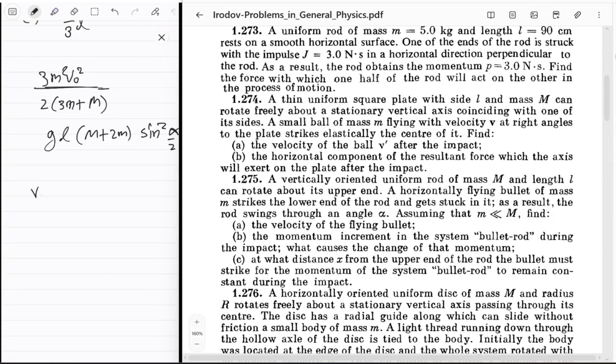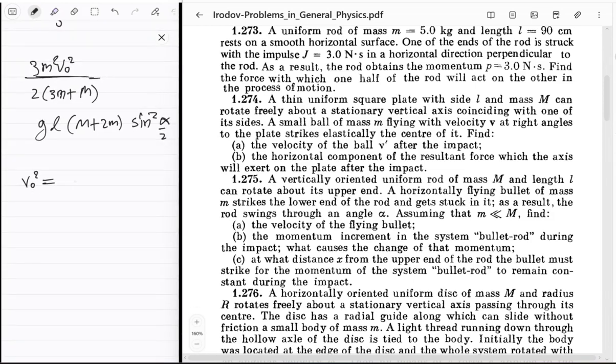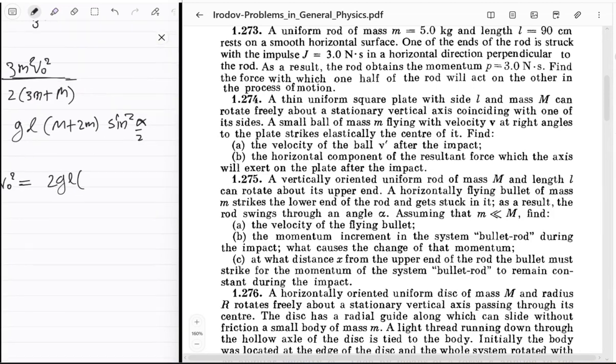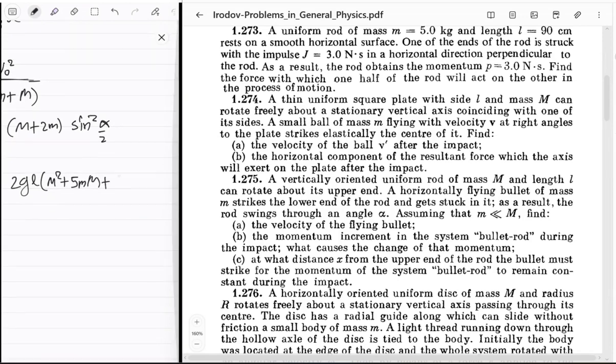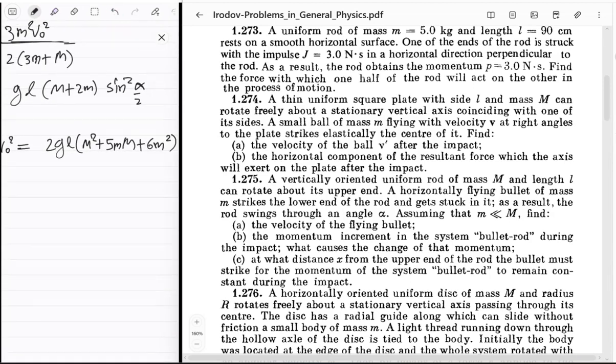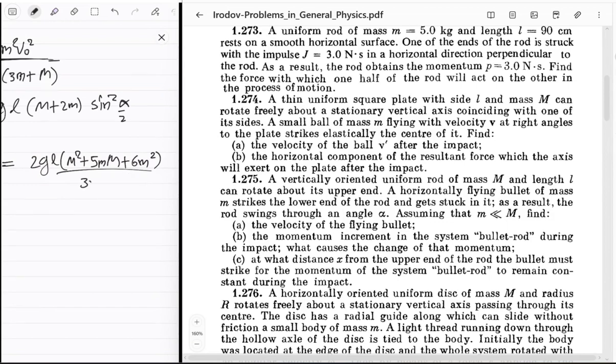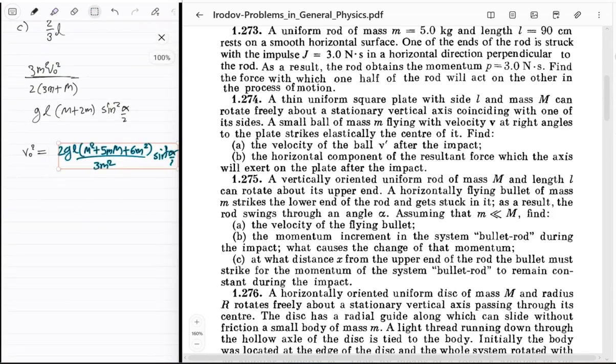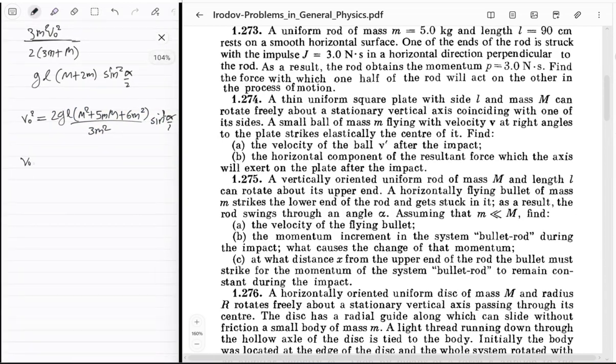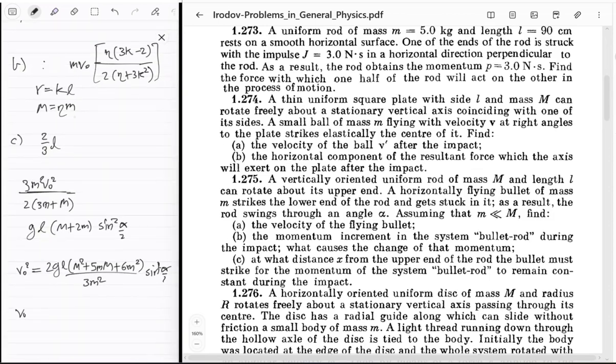So v naught square is just equal to 2gl and then multiplies out. Seriously. M squared plus 5mM plus 6m squared, and all of that upon 3m squared, and that times sine square of alpha upon 2. Okay, at least we got an expression. Or you could use this to do it better.